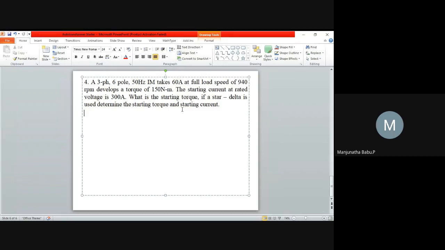Once you know the full load slip, substitute it to find the starting torque if star delta is used. So T start by TFL is equal to X square into I start by IFL whole square into SF.